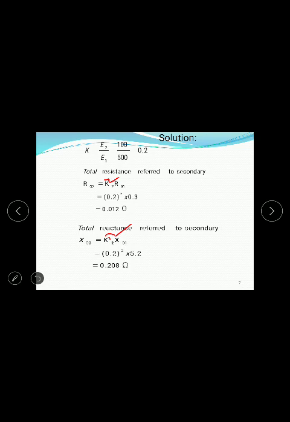So from R01 we can calculate R02, and from X01 we calculate X02. By multiplying K square with R01 and with X01, we get 0.012 ohms and 0.208 ohms.